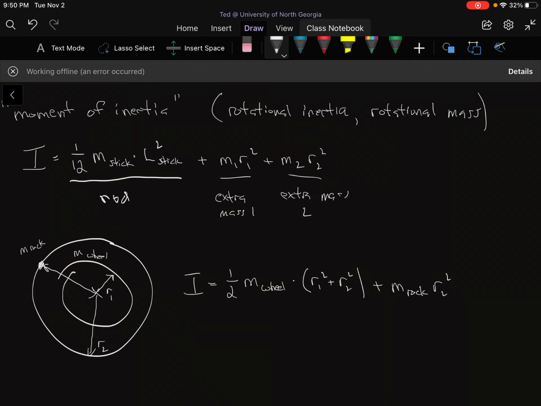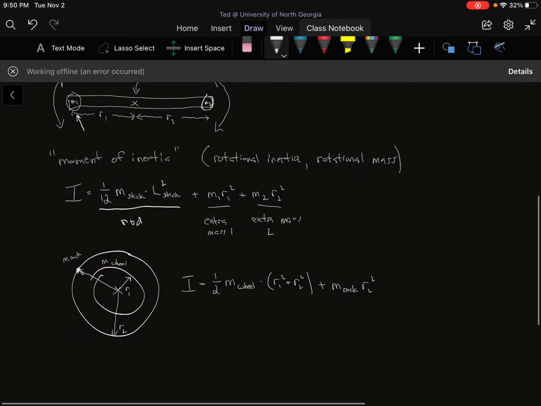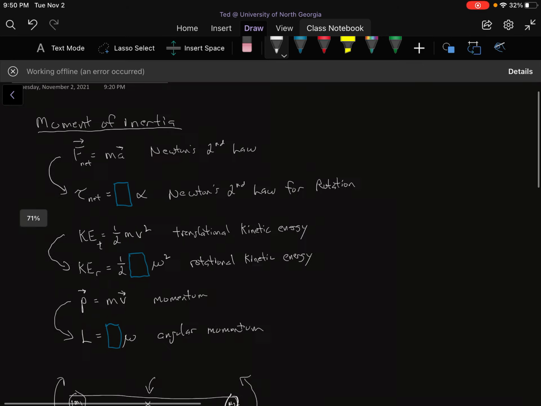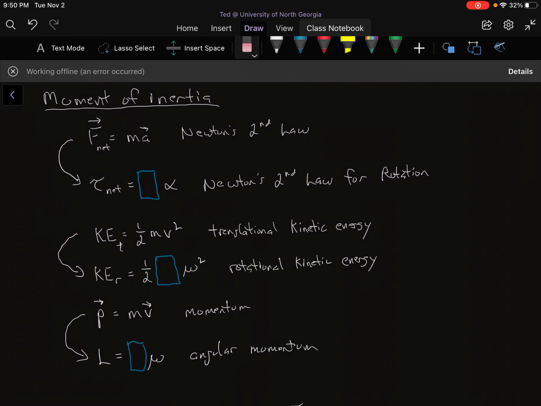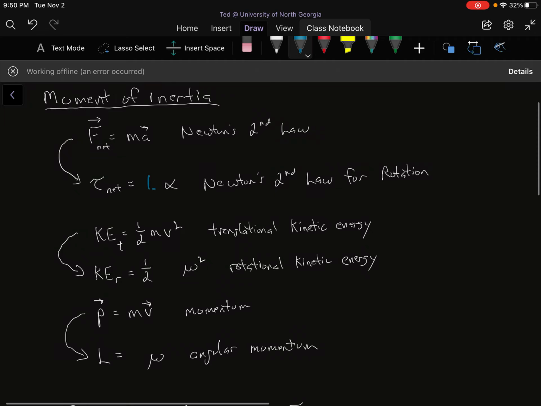Okay? So we can calculate the moments of inertia of different shapes of objects, and that brings us back to our physics. In each case, the rotational version of the physics has moment of inertia in the formula.